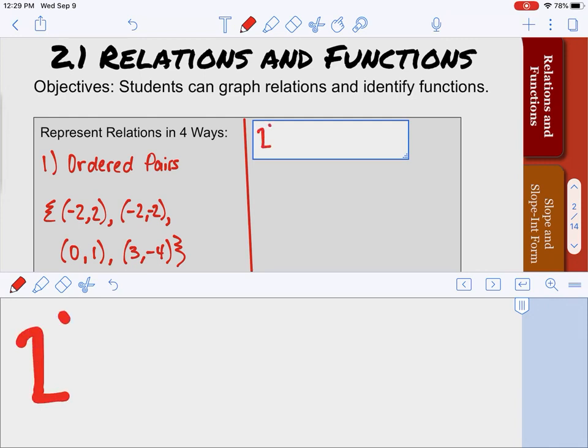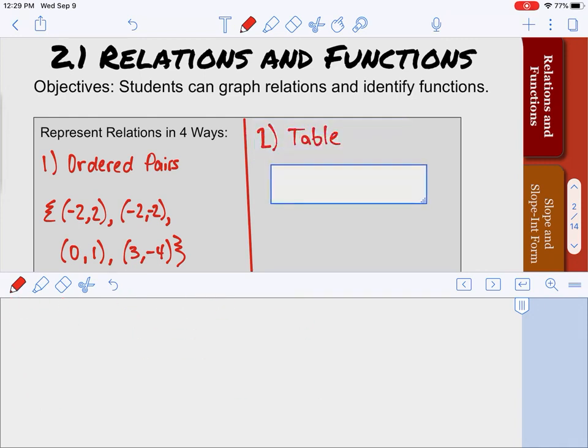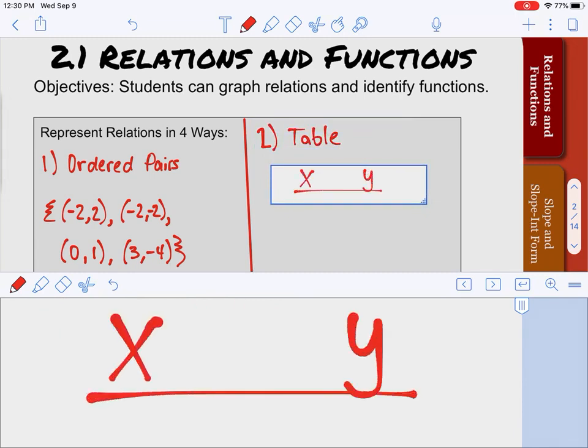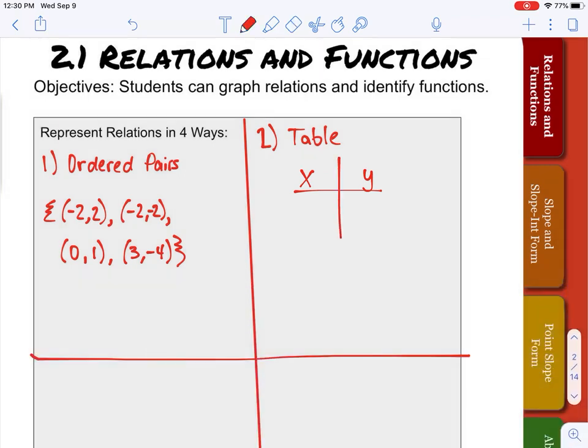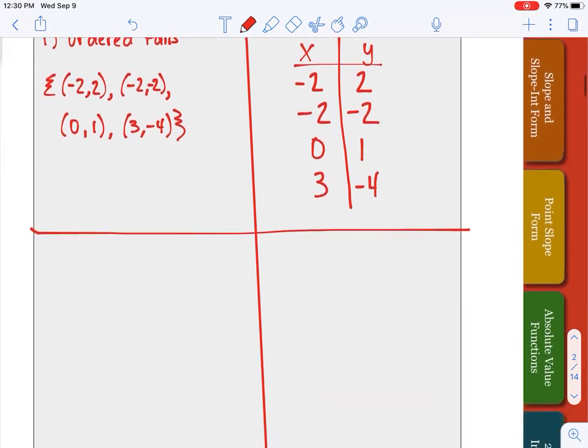Our second thing is a table. I like to call these t-tables. We have x, y values, and you just write your coordinates in their respective x, y column. Our third way is a graph.